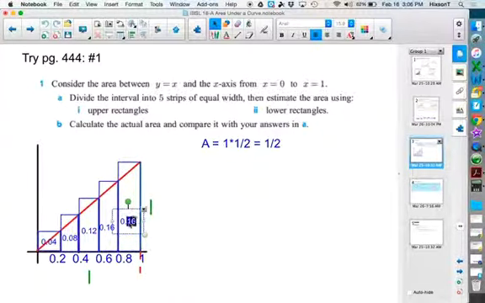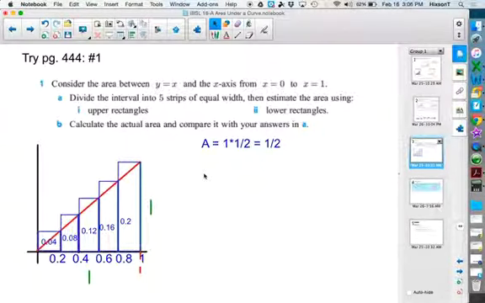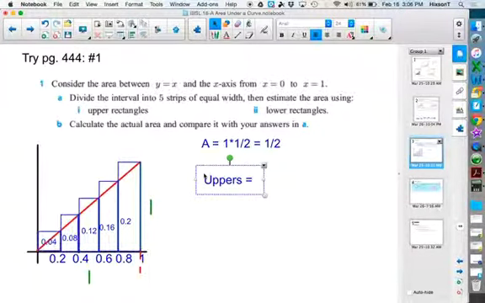And what do we get? With the uppers, what do we get? What is it? No. No. If we add all these up, what do we get?